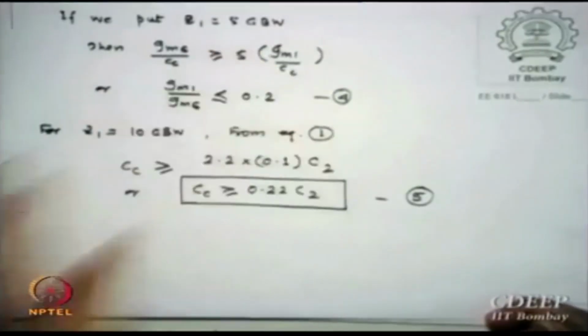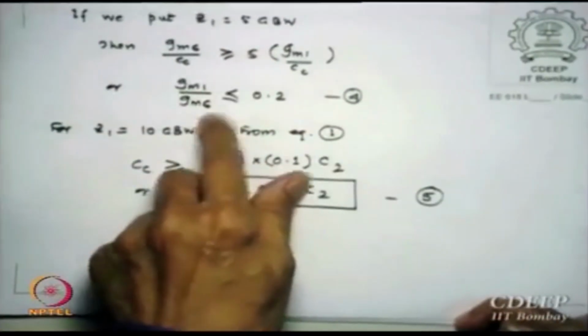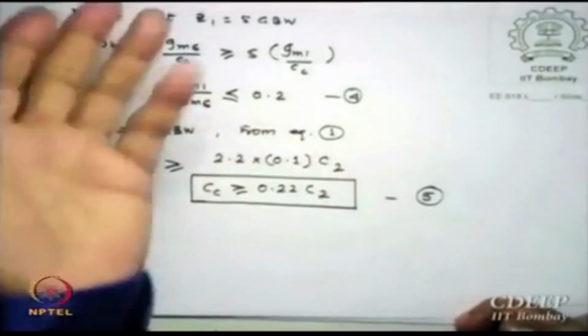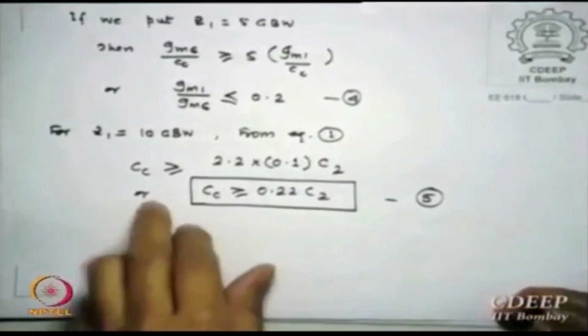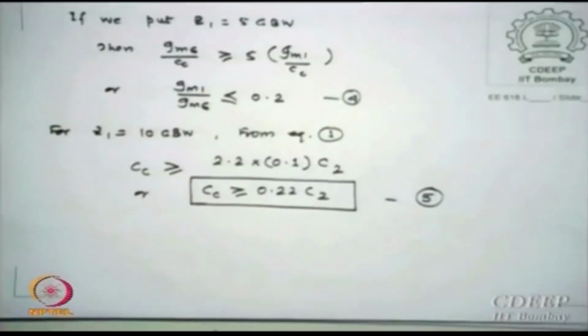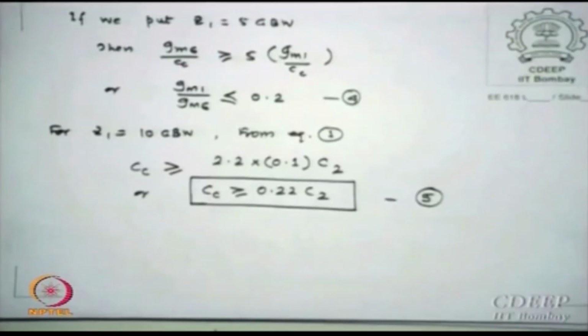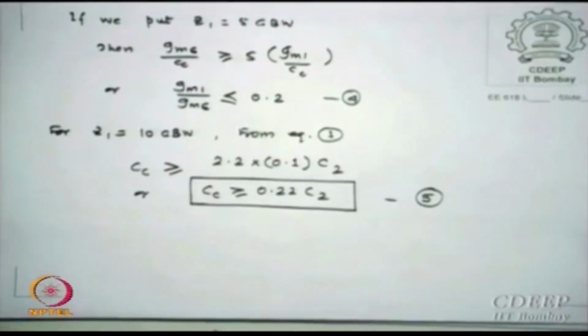If it is 5 times, I get gm1 by gm6 should be less than 0.2, 10 times it is, just now I calculated it should be 0.1 times. So typically for 10 times gain bandwidth as Z1, the Cc should be larger than 2.2 into 0.1 into C2, put everything value here, so Cc should be greater than 0.22 C2.